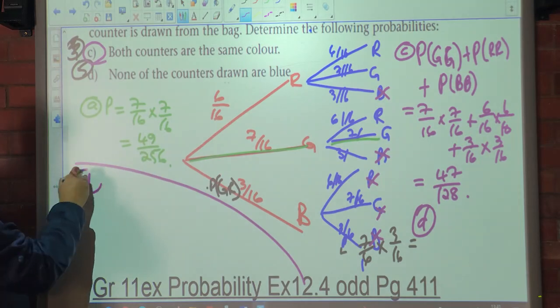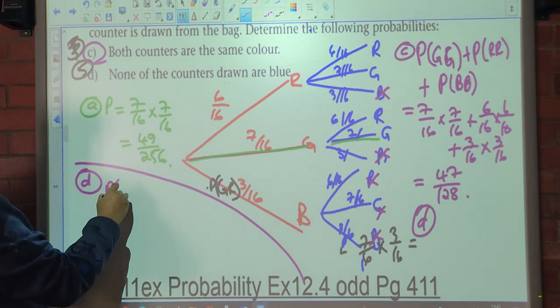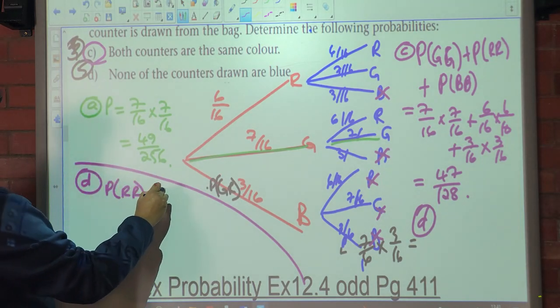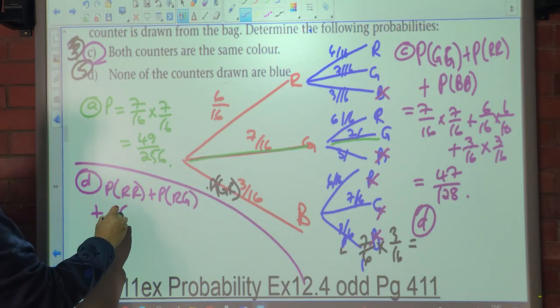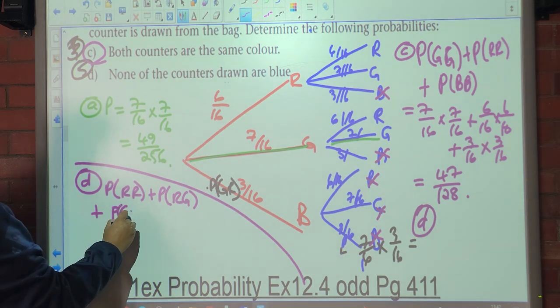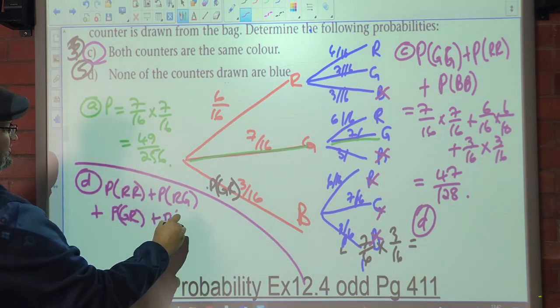Okay, so that's D. So we have the probability of red, red, plus the probability of red, green, plus the probability of green, red, plus the probability of green, green.